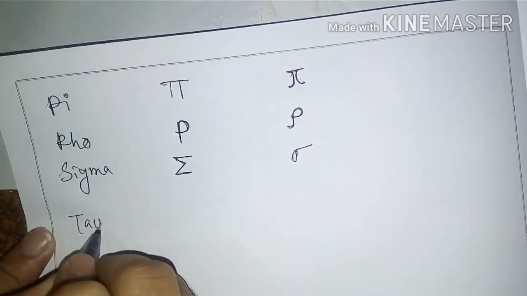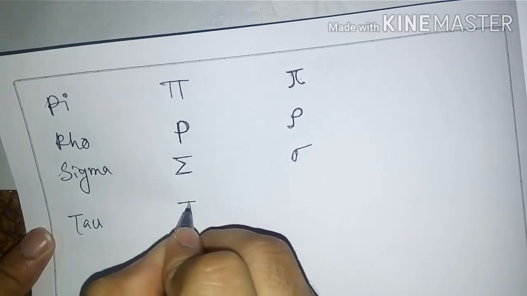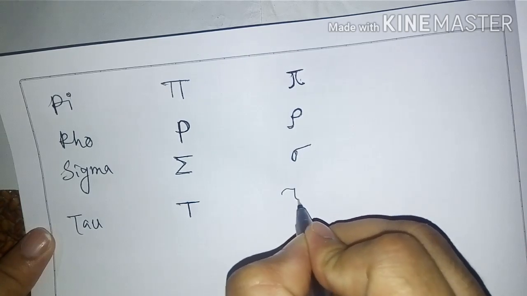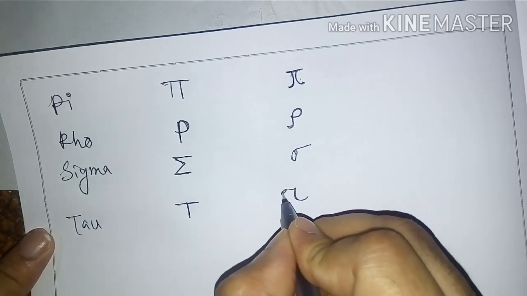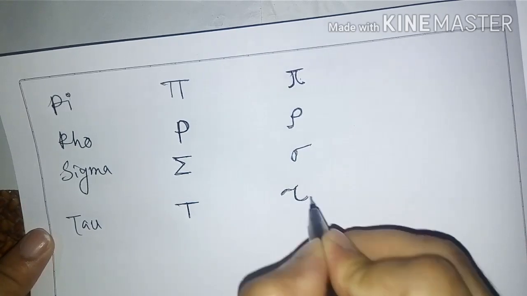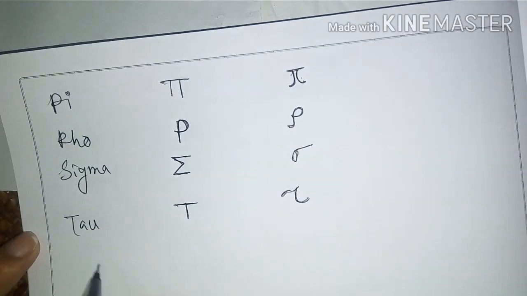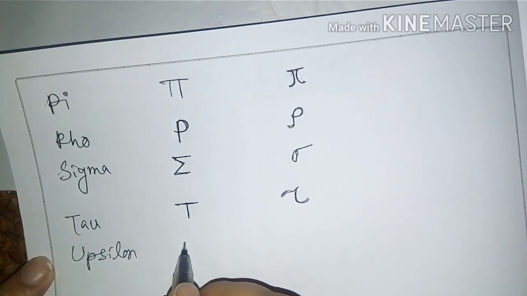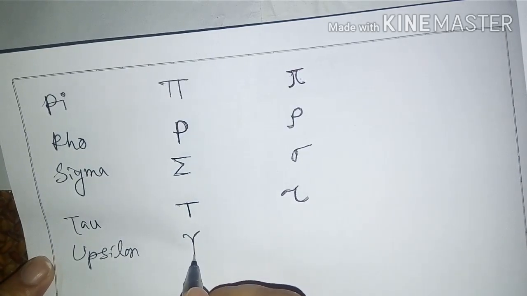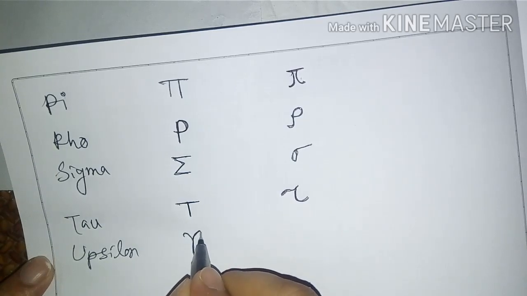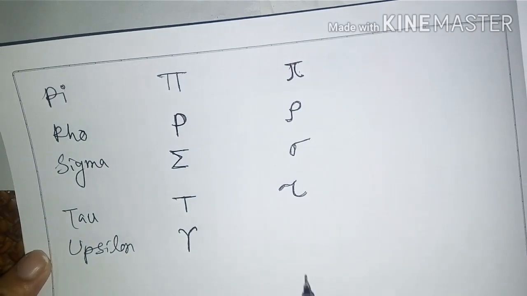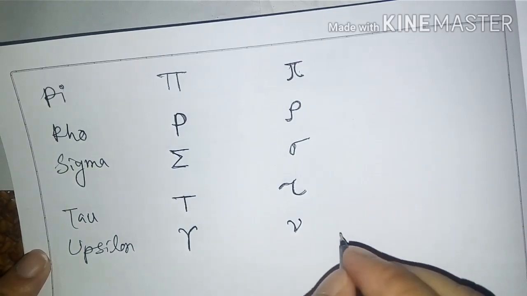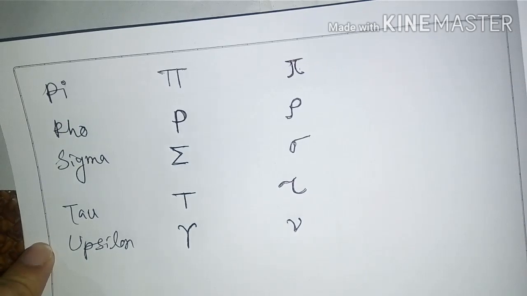Next, tau: capital T like this, and small like this one. This one is tau. Next, epsilon, like this.